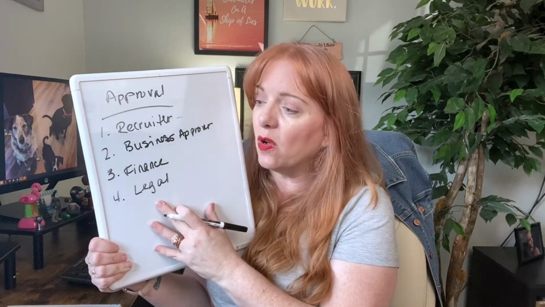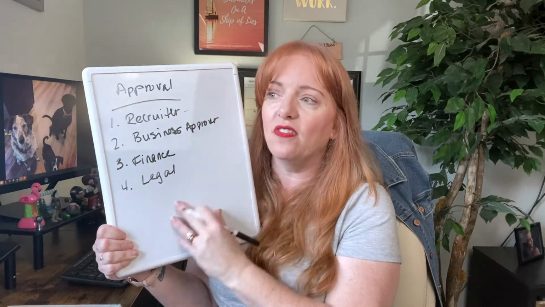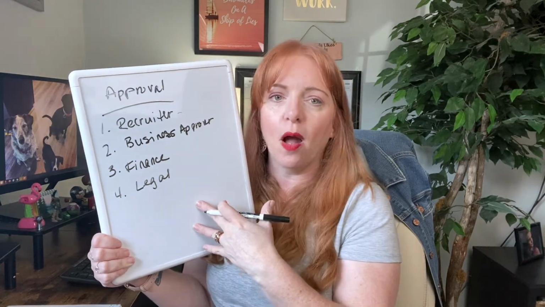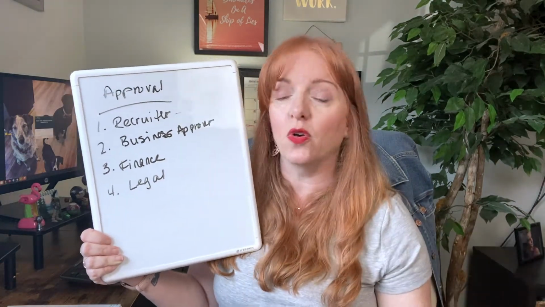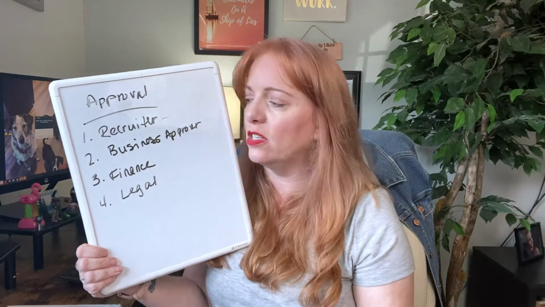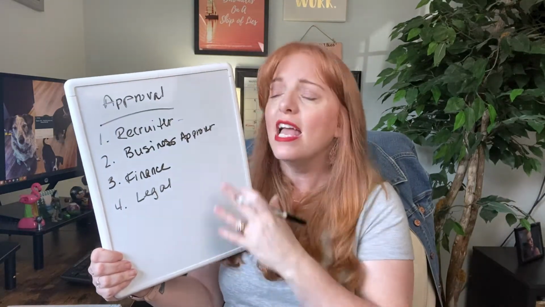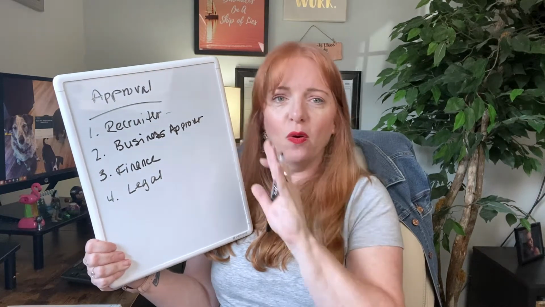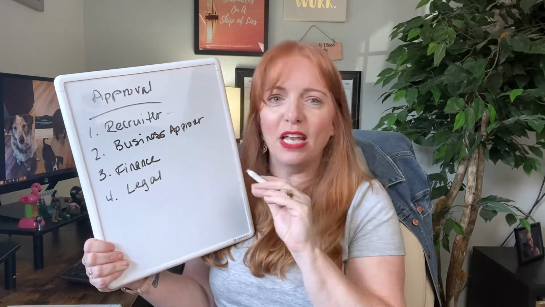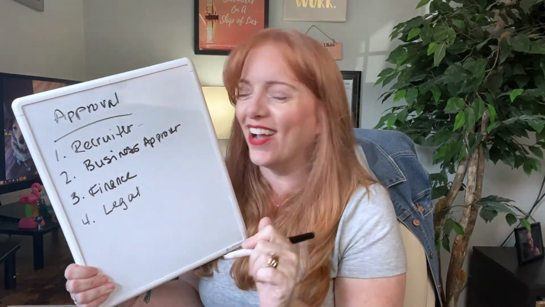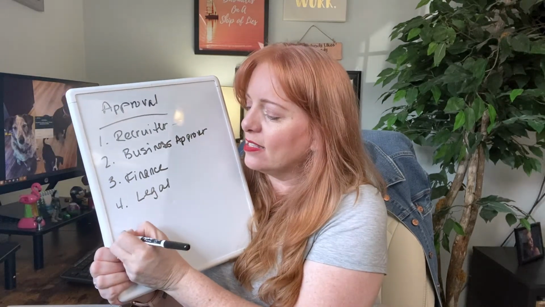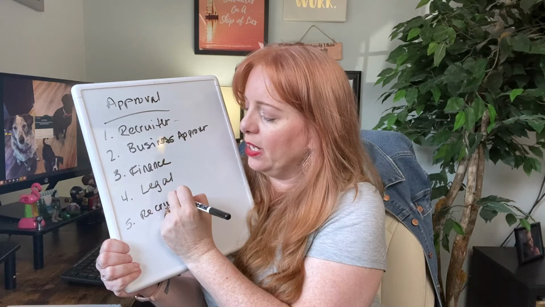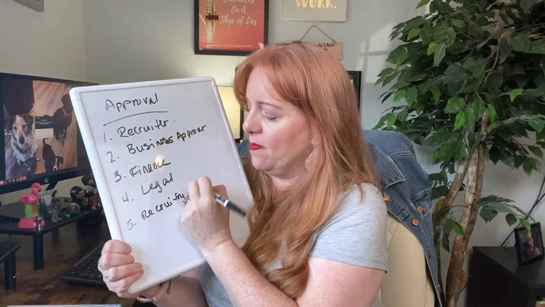Legal is usually that check and balance to say, yeah, you've included the proper EEOC verbiage, or you're not using certain terms we shouldn't use, or code words, or things like that. So legal is that final check-the-box, make sure we're staying out of compliance jail kind of approver. And then sometimes you may also have recruiting leadership approval.